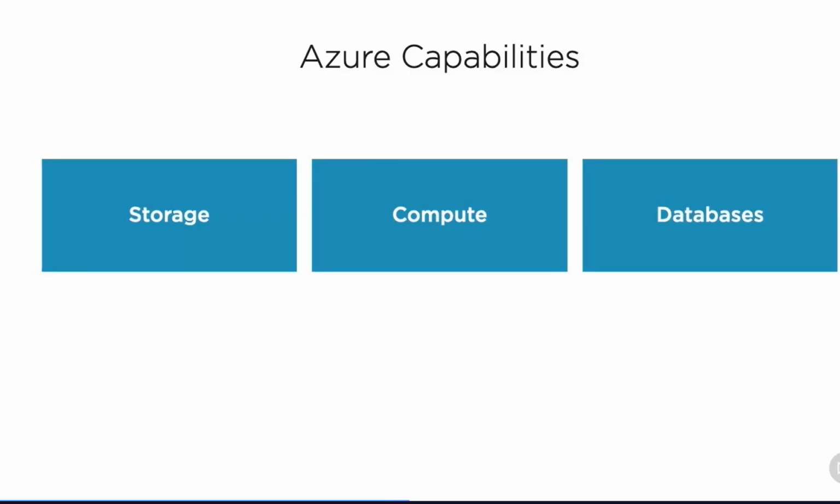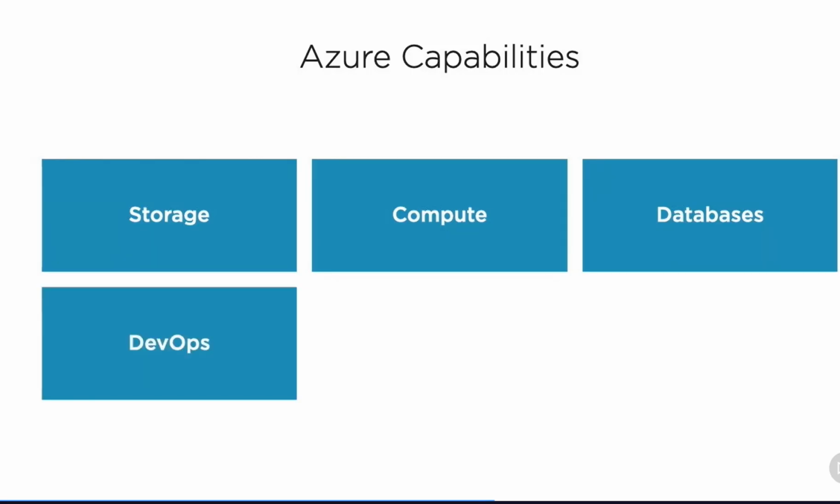Then we have databases for situations where we have structured data that we need to be able to analyze and access. And there are multiple databases that are supported in the platform. Now, maybe at times we're looking at how we automate aspects of this and how we build a process around how we interact with the cloud. And in that case, we have Azure DevOps and an entire suite of services that gives us the ability to automate what we're doing from beginning to end.